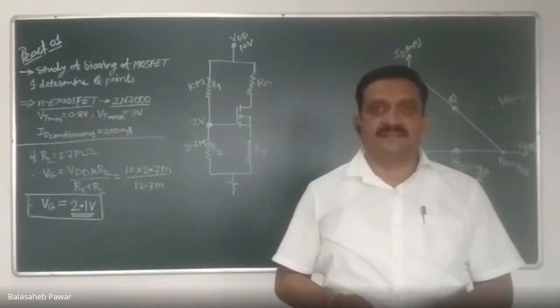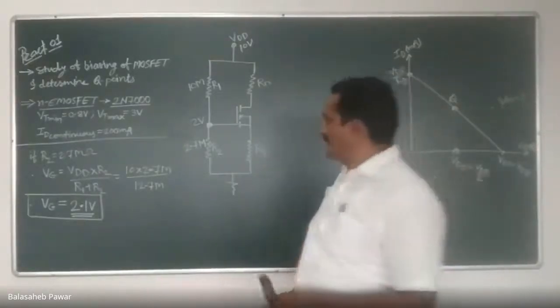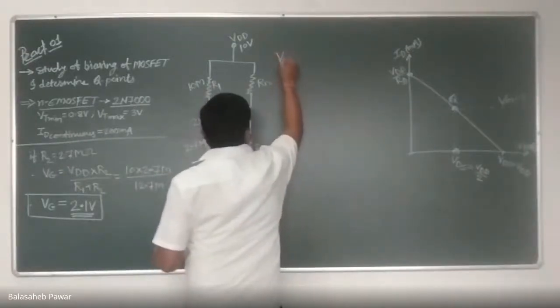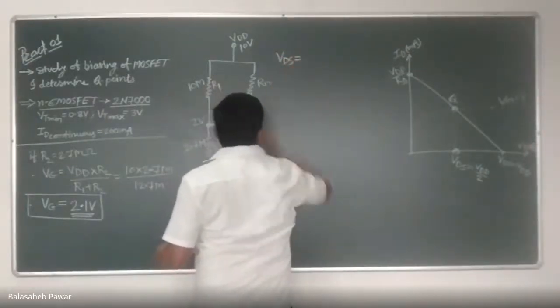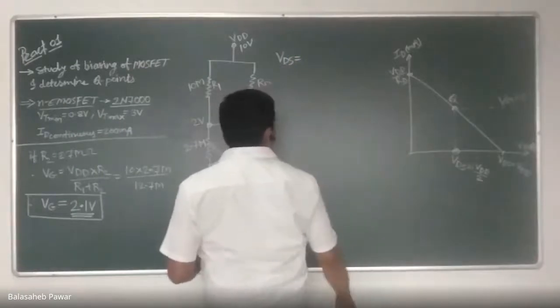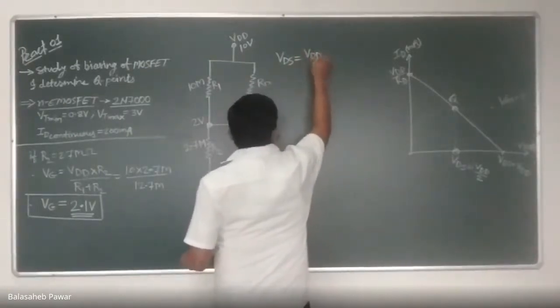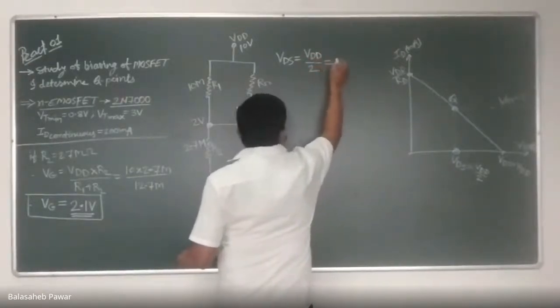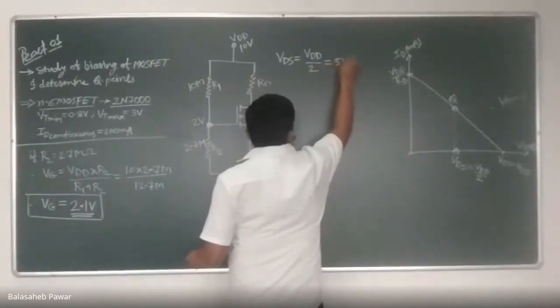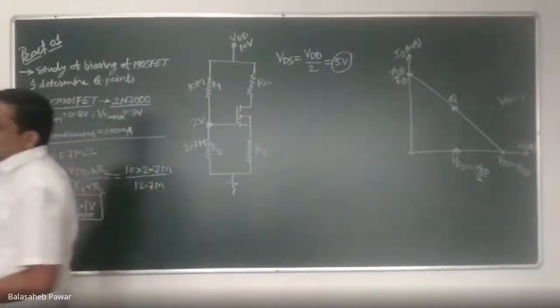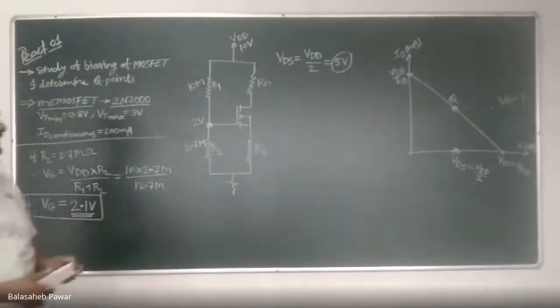Next line. Therefore, VDS will be how much? As per our theory part, VDS will be equal to VDD by 2, and that is equal to 5 volts. Why 5 volts? Because this VDD we decided to take as 10 volts.